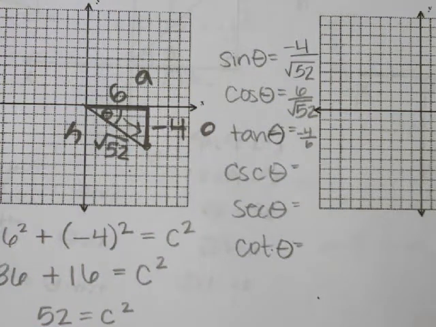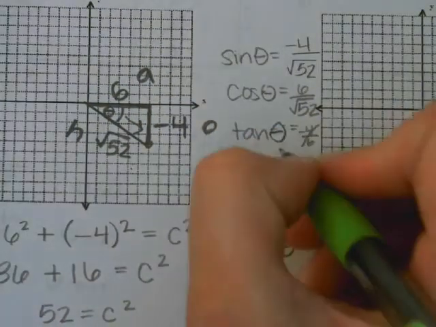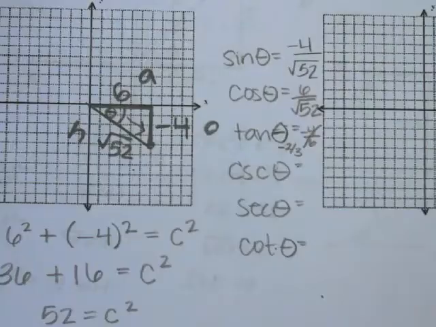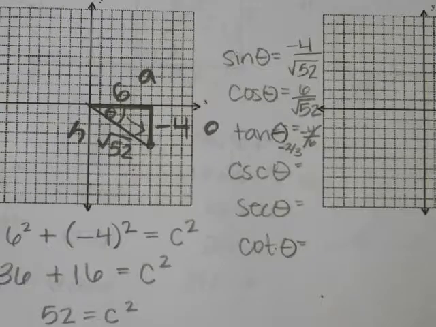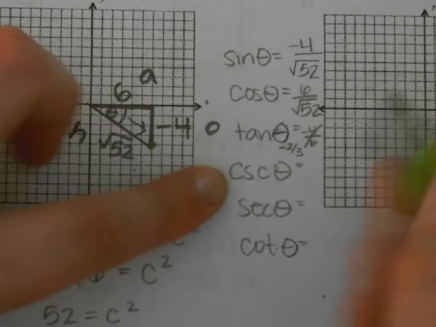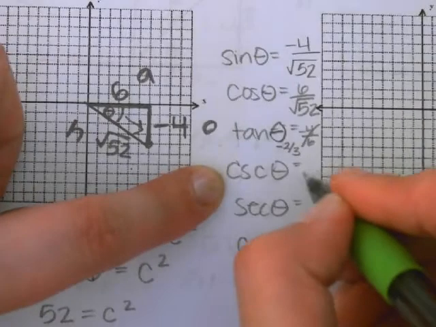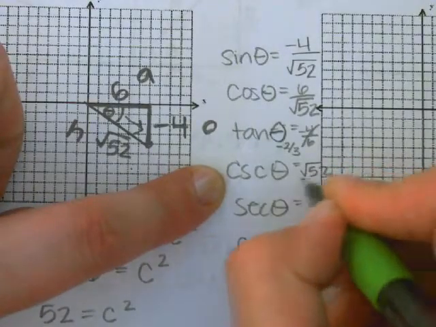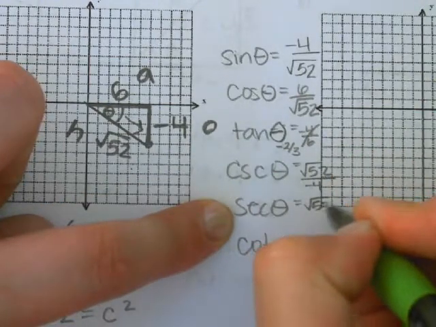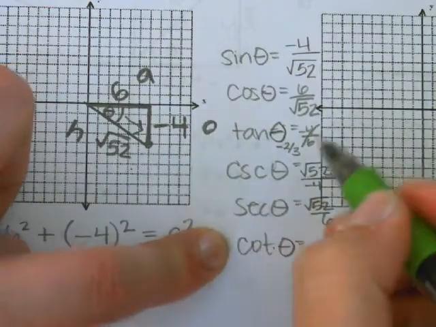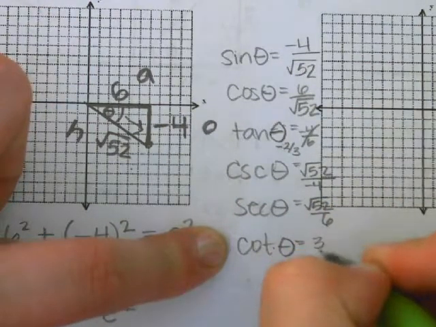Yeah, what can we call that? Oh, 2/3. Negative 2/3. So I'm going to cross that out. I'm going to put negative 2/3 instead. So if you can reduce your fraction, you should reduce your fraction. Okay. Now, how do I get the other 3? Flip, flip, flip. So cosecant is root 52 over negative 4. Secant is root 52 over 6. Cotangent is 3 over negative 2.